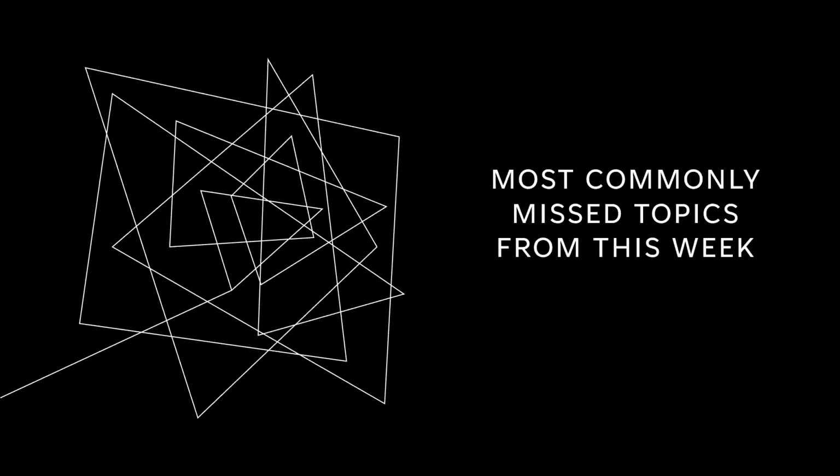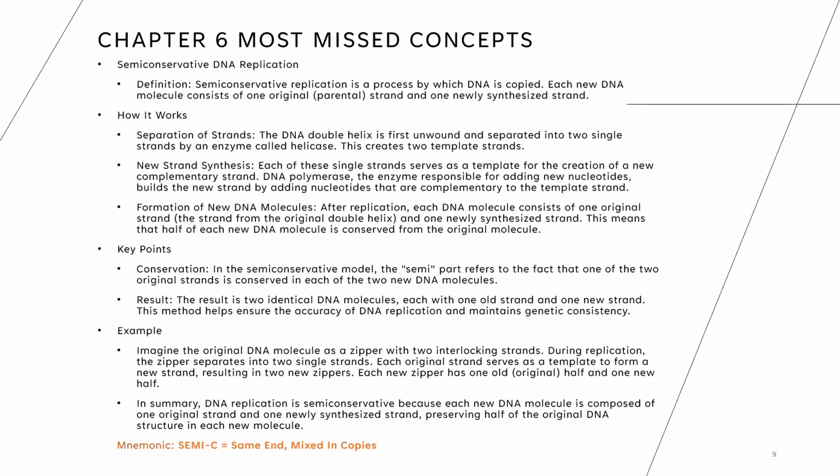So let's go over our commonly missed topics. Start with chapter 6 then. Okay, so chapter 6, most commonly missed topics. We're going to start with semi-conservative DNA replication first. And what that is talking about is starting off with that original. This is just like we saw in that other slide.